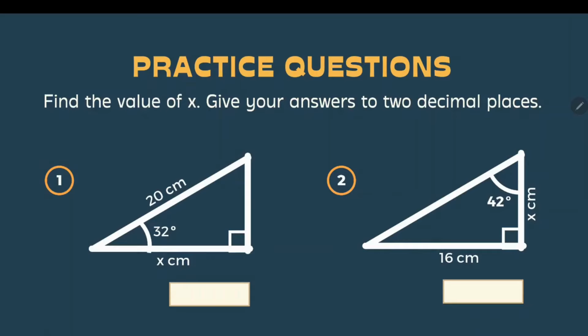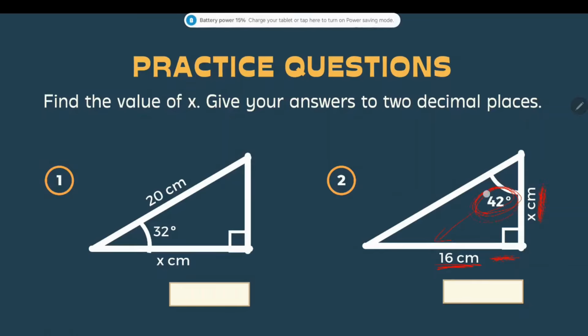Now, question number 2. What will be the formula that you'll be using for this one? Remember, 16 is on the adjacent, the 42 is on the corner here, and what's opposite of it is this one here, and what's x? So where's the x sitting that you really need? So this side isn't adjacent, this side would be opposite, this side would be adjacent.